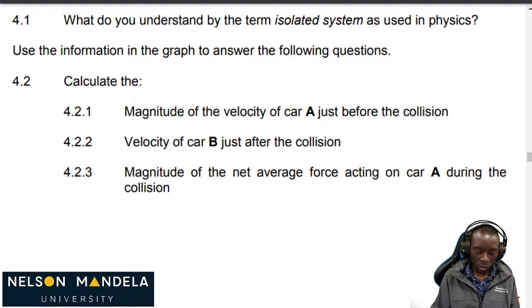So initial momentum equals mass A times initial velocity of A, the magnitude of the velocity just before collision.